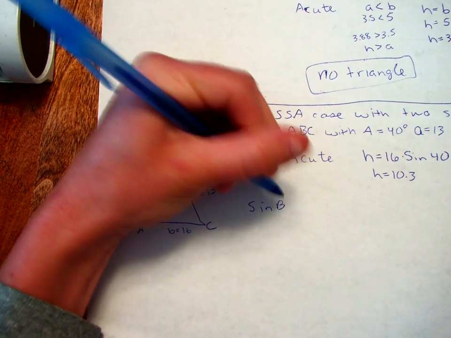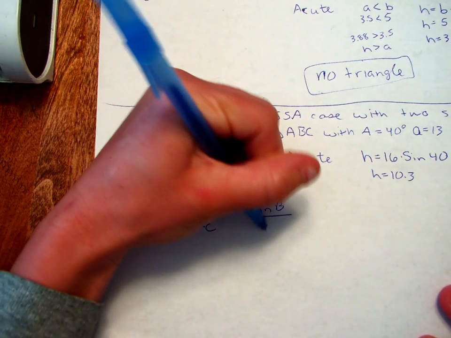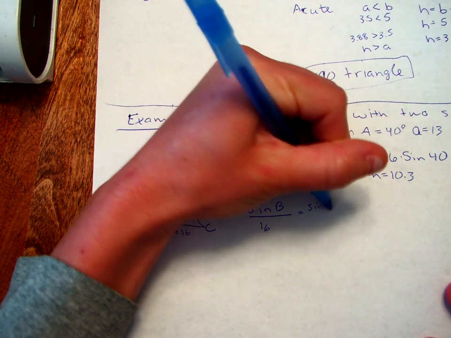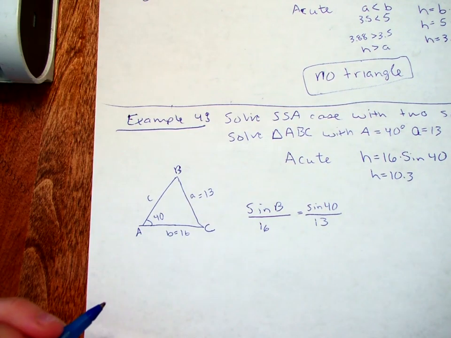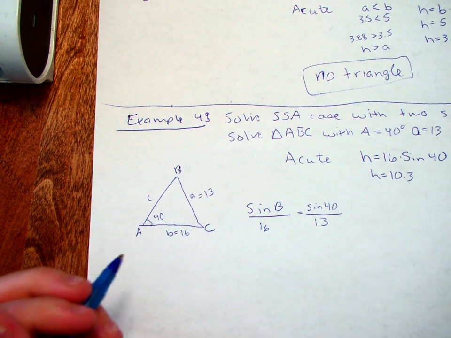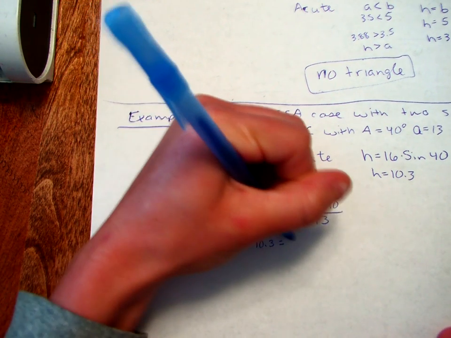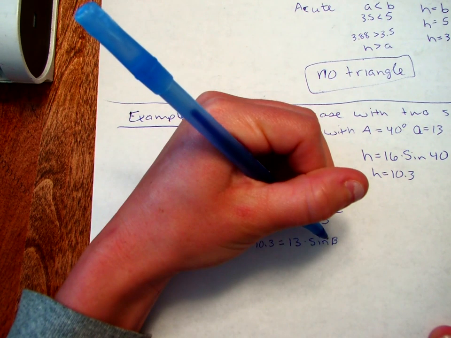So set up exactly the same as the last one. Sine of B over 16 equals sine of 40 over 13. So 16 times sine of 40 is 10.3, equals 13 sine B.